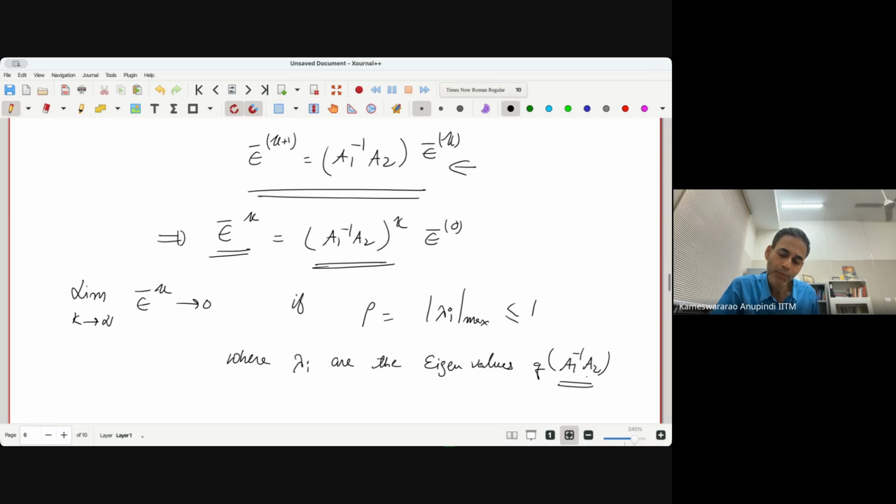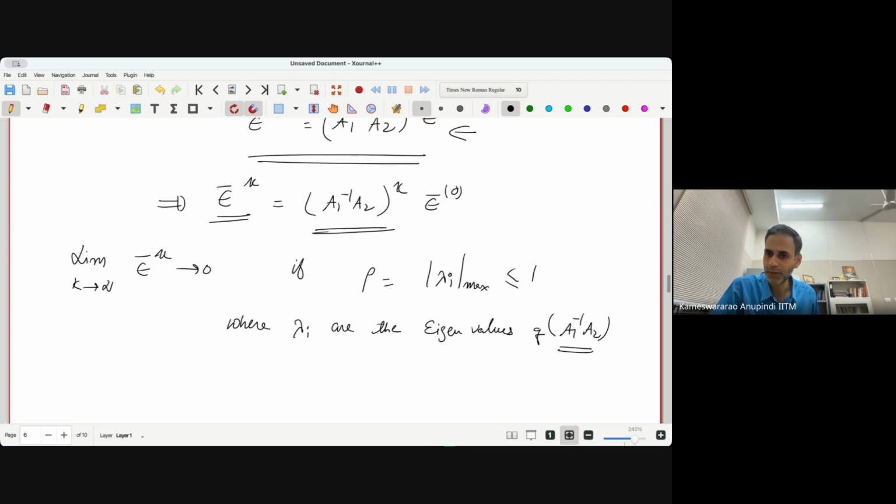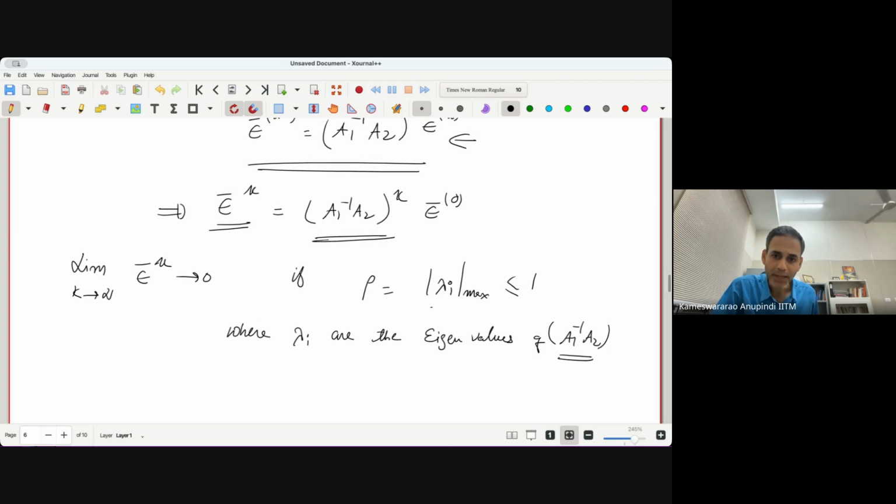So if we calculate the eigenvalues of A1 inverse A2 and take the maximum eigenvalue, and if that is less than 1, then when you raise that to the kth power, the error is going to decay to 0.